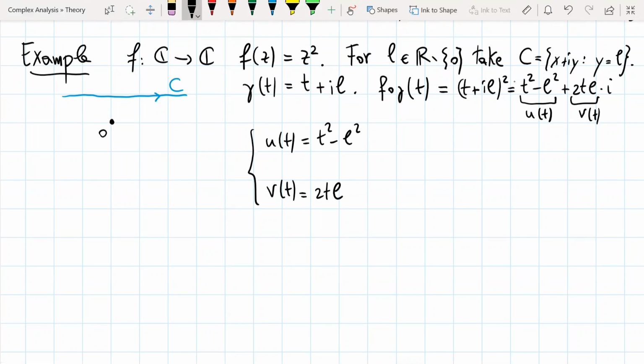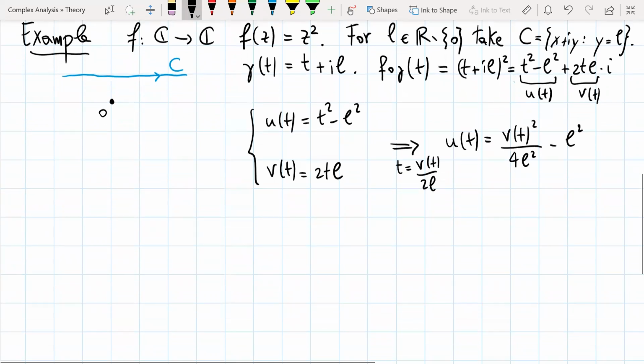In order to understand what kind of curve this is, let me eliminate t from these two equations. This can be done by using the second one. From the second equation, you see that t is equal to v of t divided by 2L. And here you see why I'm taking L different from 0. Then if I substitute in the first equation, I get u of t equal to v of t squared divided by 4L squared, minus L squared.